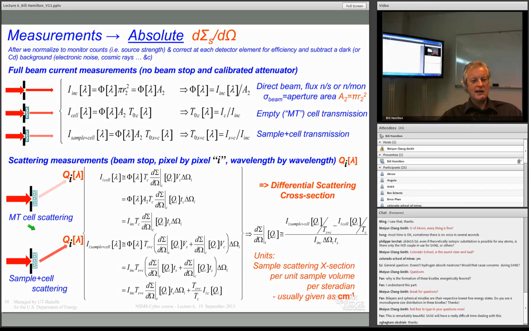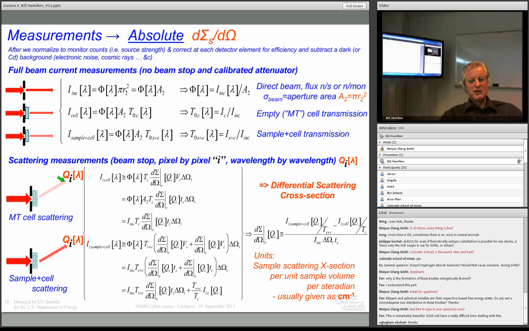We need the empty cell scattering because we're not interested in how the walls of my empty cell scatter. So without any sample in here, I measure the scattering, and it should be very, very weak, because that's why you made your cell out of something that didn't scatter neutrons very well, or certainly not over the scale range that you're interested in for your sample.